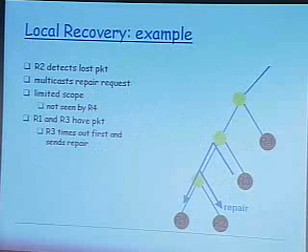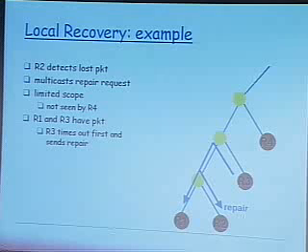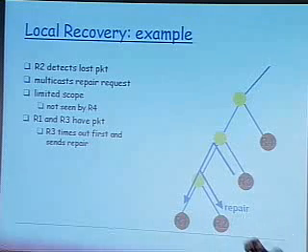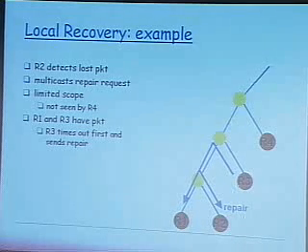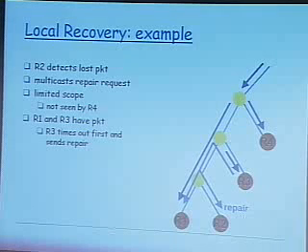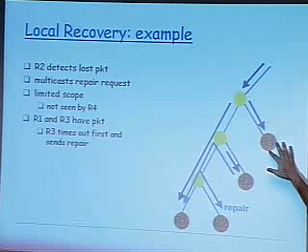So here's an example. Suppose receiver 2 in this tree has detected a lost packet. It's going to multicast a repair request, but this repair request should not be seen by R4.